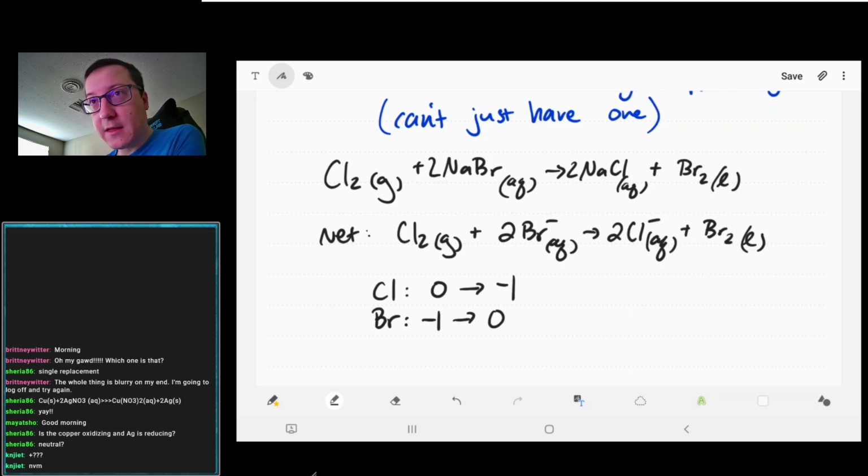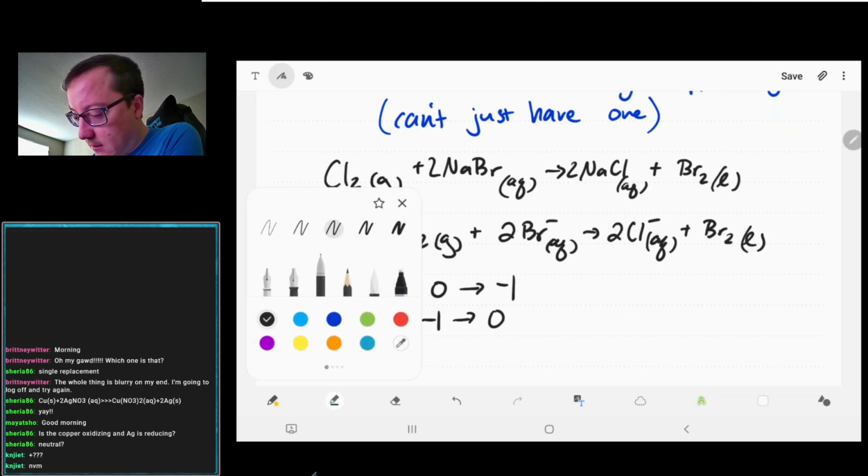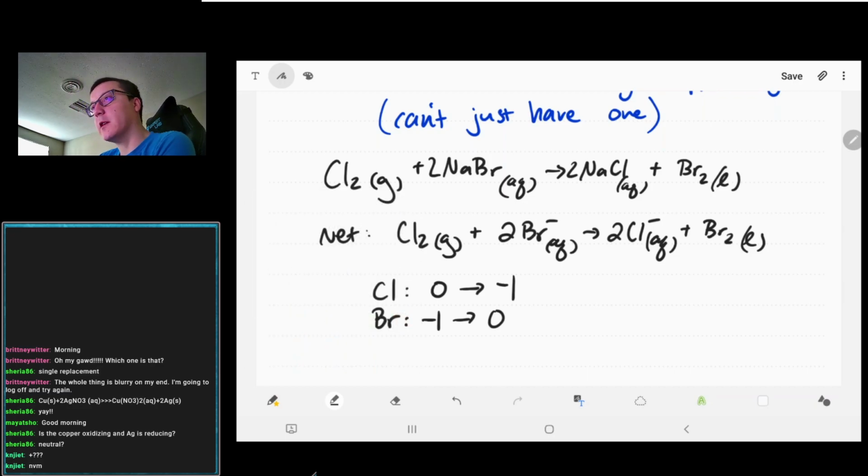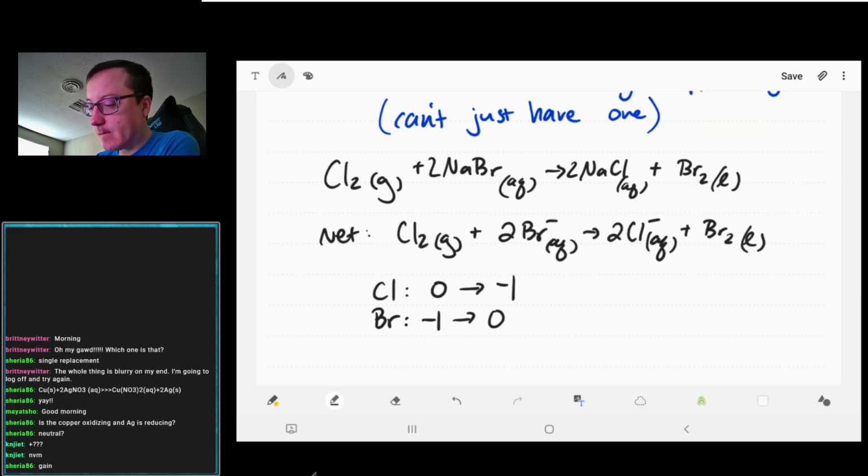Looking at this now, we can see one of these is gaining electrons and the other is losing electrons. Which one is the chlorine doing? Is that gaining or losing electrons, if it's going from 0 to -1? Yep, it is definitely gaining electrons, becoming more negative.